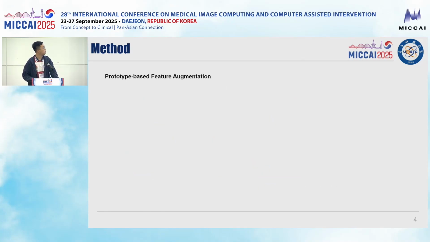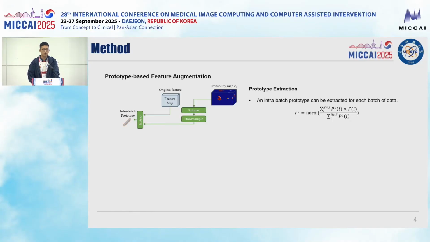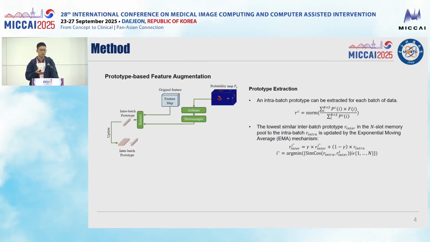In detail, we calculate a weighted mean between a downsampled predicted probability map and the feature map from the bottleneck layer to get what we call an intra-batch prototype. Second, we construct a memory pool which contains inter-batch prototypes. We select the least similar ones to update by the EMA mechanism.